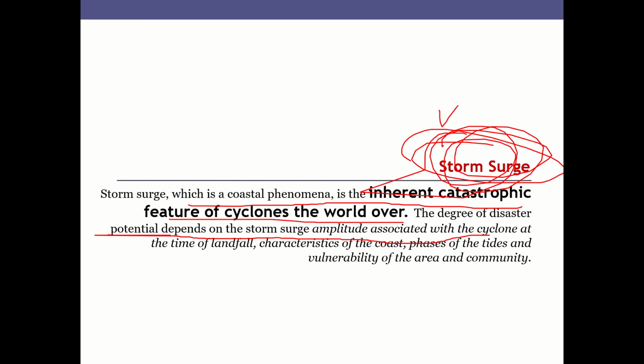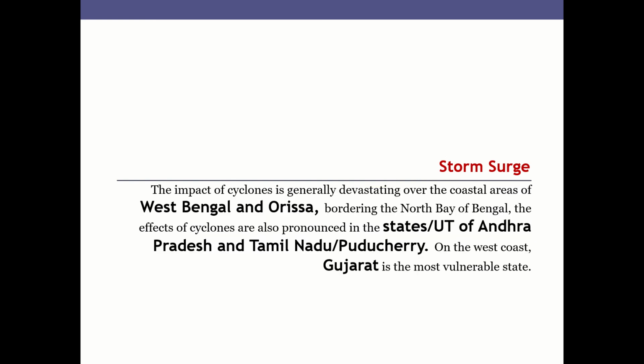We have certain structural and mitigation measures to prevent storm surge. We will see them when we see case studies, along with some specific physical mitigative measures for storm surge. And of course the impact of a cyclone is generally devastating over all the coastal areas.